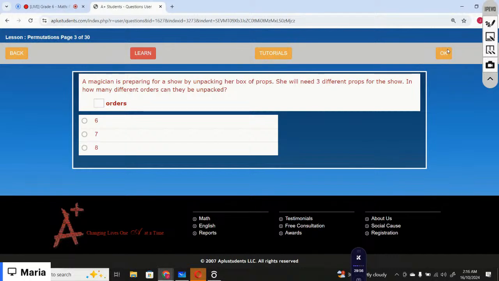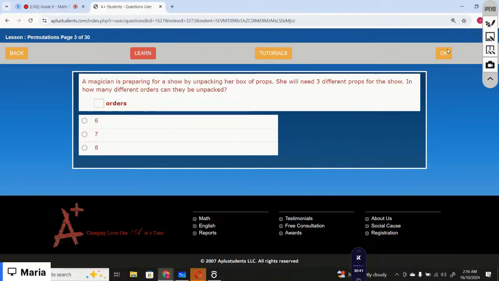So, which is the correct option? You have to evaluate 3 factorial.